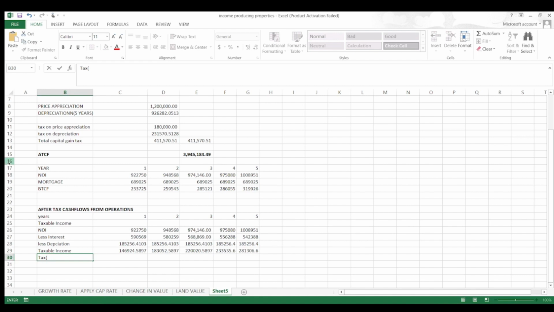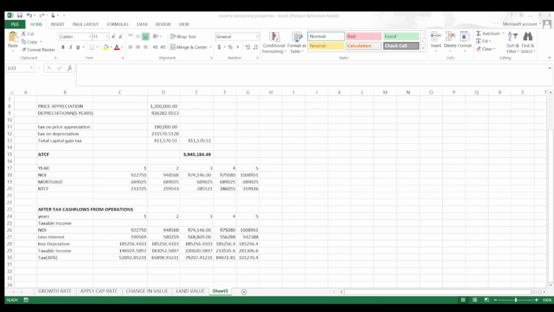For our case here, we have 6%. So we simply take the taxable income and multiply it by 0.36. Then you can simply drag it so that now we have the tax for each particular year.